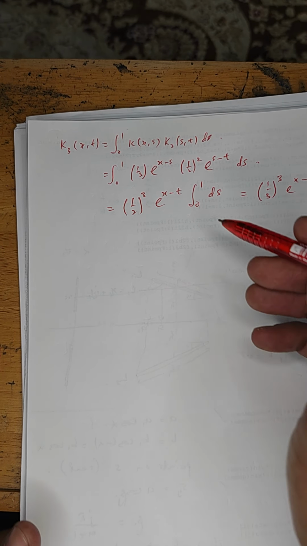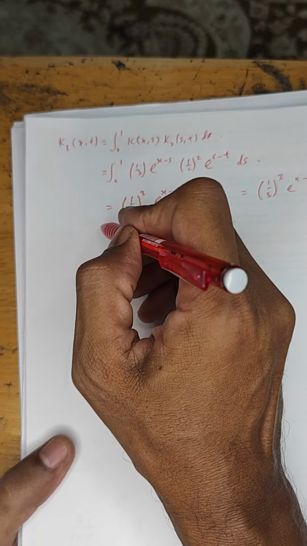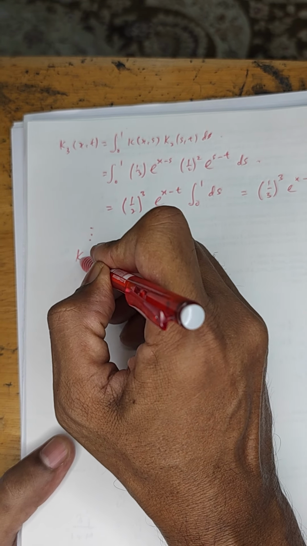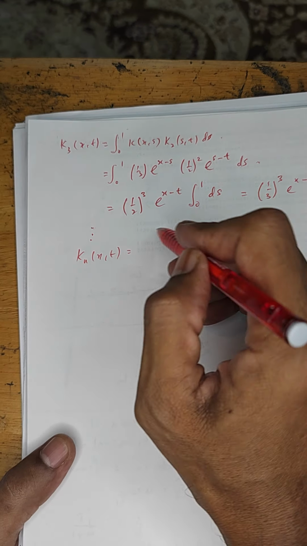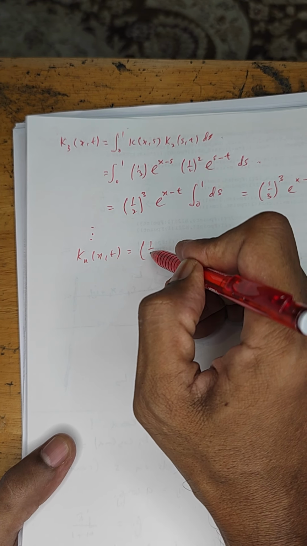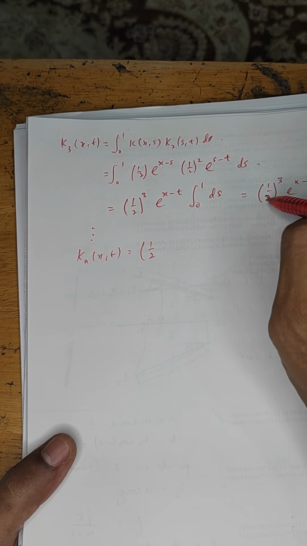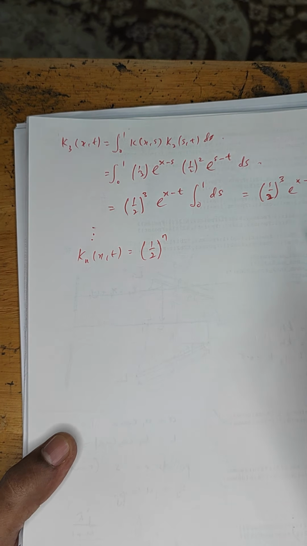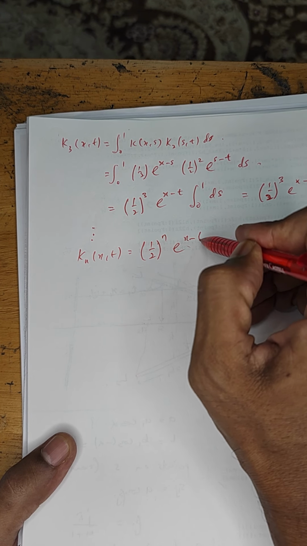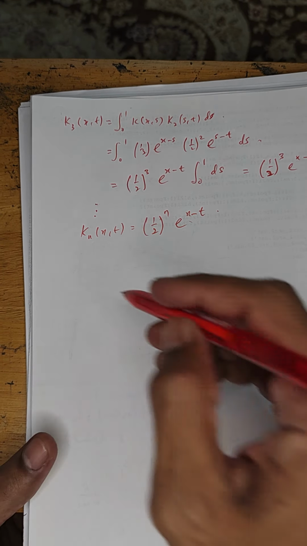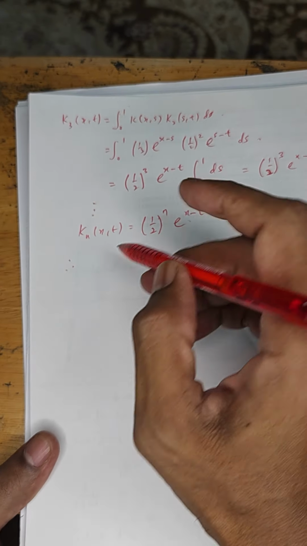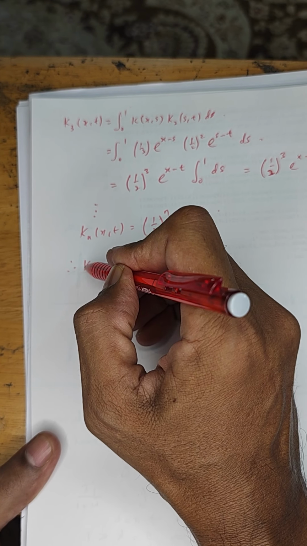Therefore we can find what k_n is: k_n is one over 2 to the n, e^(x-t).